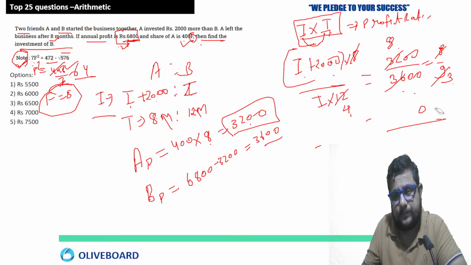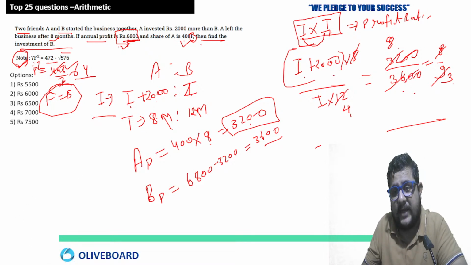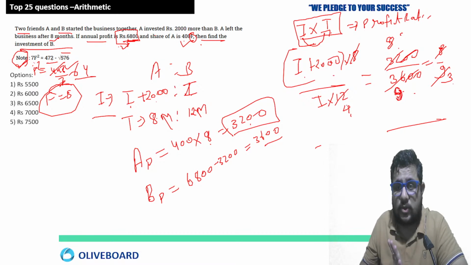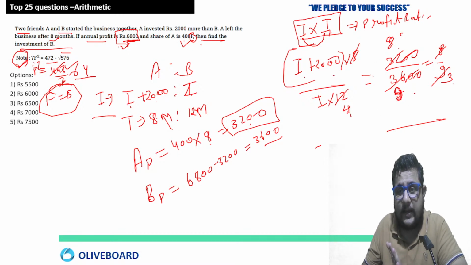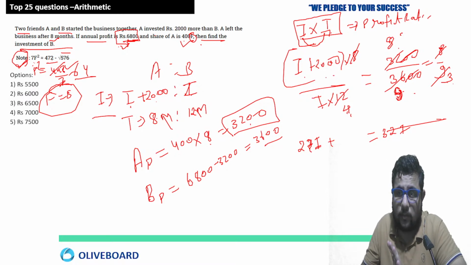Now 0 to 0 we have already cancelled. This is 8 ratio 9. Are you getting my point now?